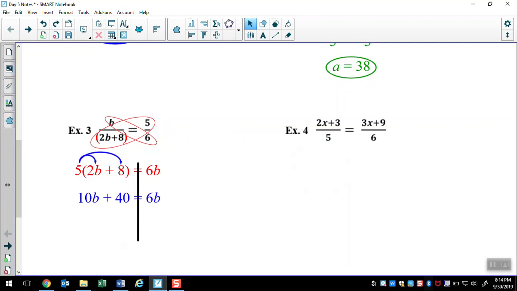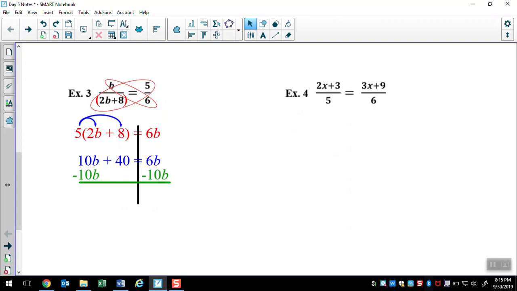Alright, now we have a choice to make. I need to get these two variables together, so I have to decide which one to move. Since my constants are already here on the left, I'm going to move my 10b over to the 6b. So I'm going to subtract 10b from both sides, which means these ones here will cancel out, and we're left with 40 equals negative 4b.